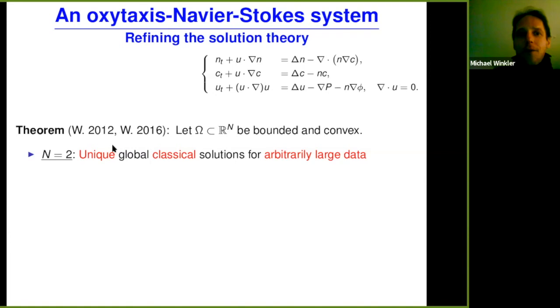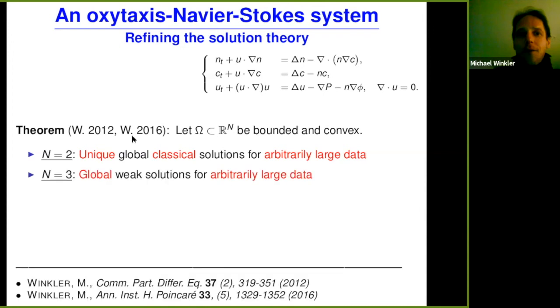And the dream indeed becomes true. You can prove all this for this full system. And in the 3D case, the best you can hope for maybe is that you have global weak solutions, and indeed you have. There is a construction by which you can see that this is true in this full problem as well.